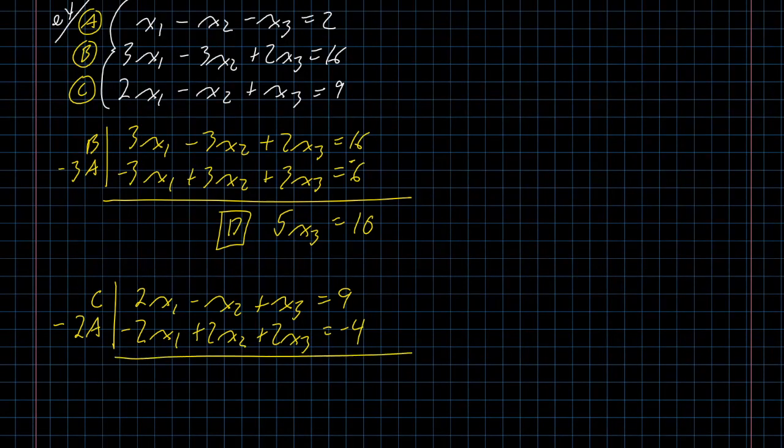And when I add these equations together, 2x1 minus 2x1 is 0. Minus x2 plus 2x2 is x2. x3 and 2x3 is 3x3. And 9 minus 4 is 5. That's another incredibly useful equation for us. Let's go ahead and call that equation E.